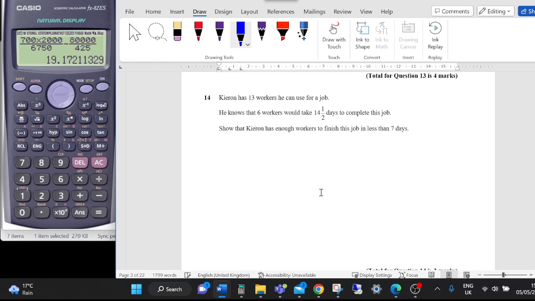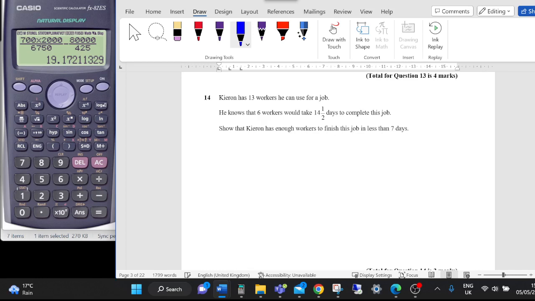Right, question 14. Kieran has 13 workers he can use for a job. He knows that 6 workers take 14.5 hours to complete this job. Show that Kieran has enough workers to finish the job in less than 7 days.